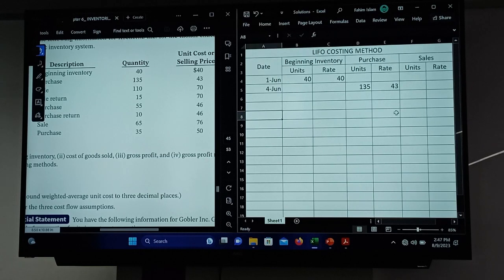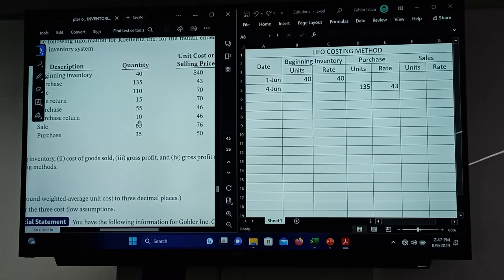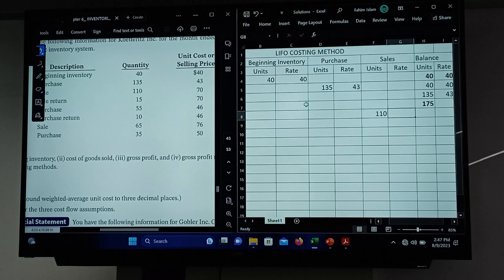Now let's move on to June 10, where we have a sale of 110 units. Let's write June 10, and in the sales column we write 110 units, where the unit price is 70.